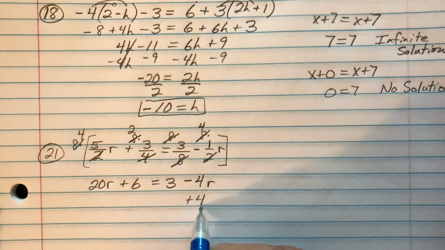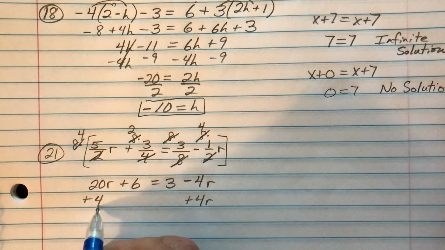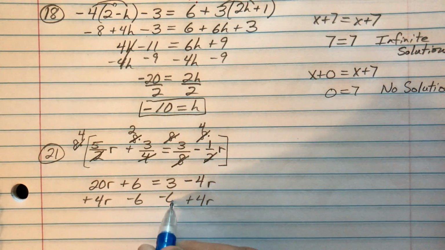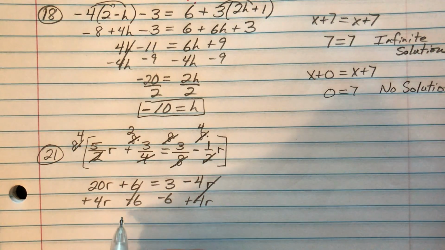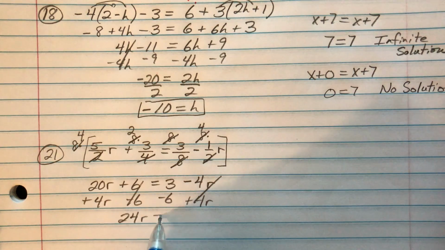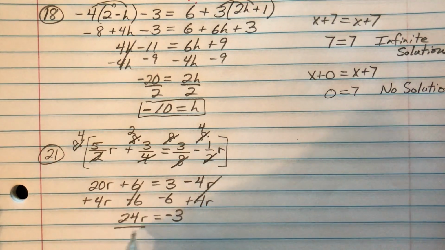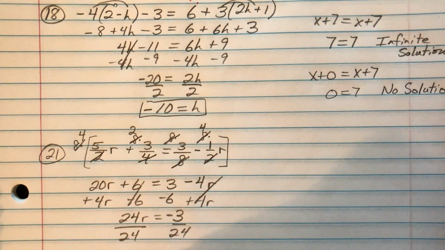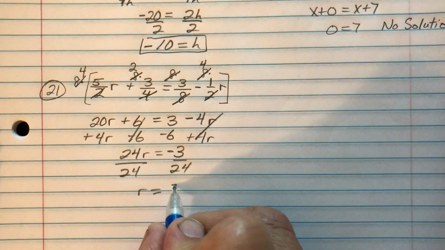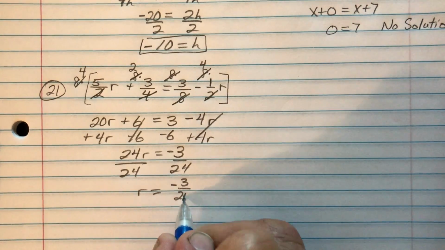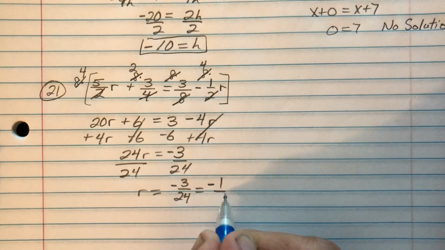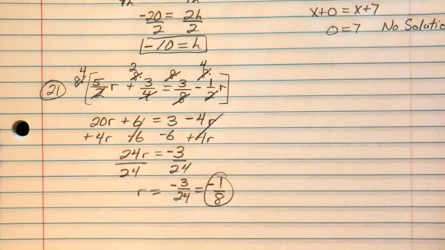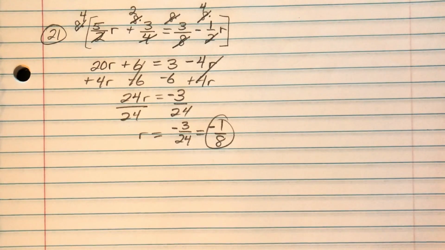Now I can move all the r terms to the left side and the numbers to the right. 24r equals -3. Then if you divide both sides by 24, r is -3 over 24, which reduces to -1/8. And again, make sure you're checking your answer to make sure you didn't make a mistake.